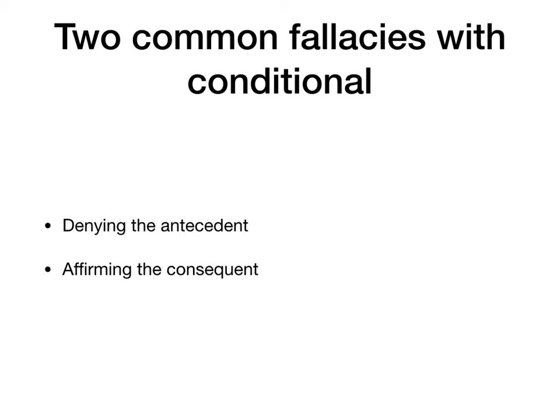Just know that if you see an argument of this sort, it's not valid. It's not a good argument. The reading I gave you guys doesn't talk about these, but I do think it's worth mentioning because you should be on the lookout for these. They are very common fallacious arguments. I think a lot of times people will make arguments of this sort and not even realize that's what they're doing.